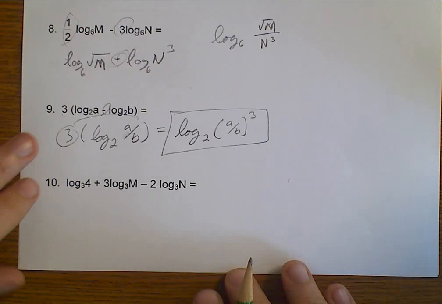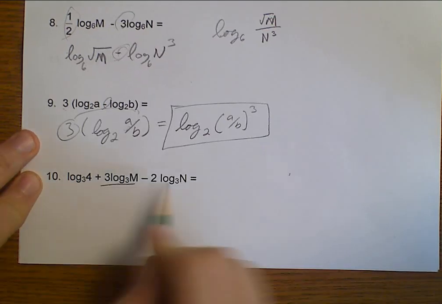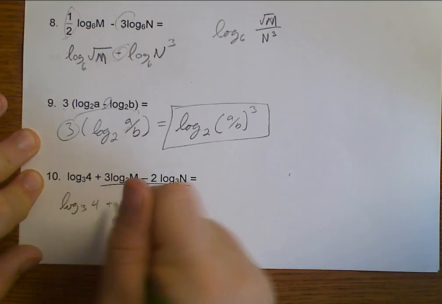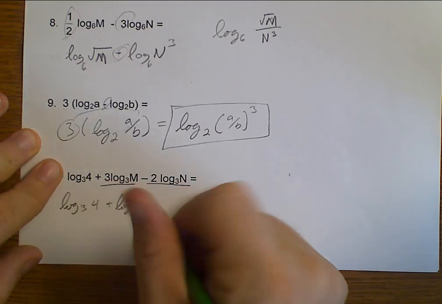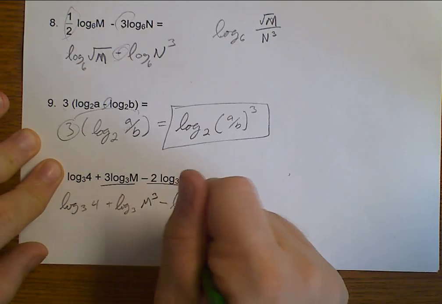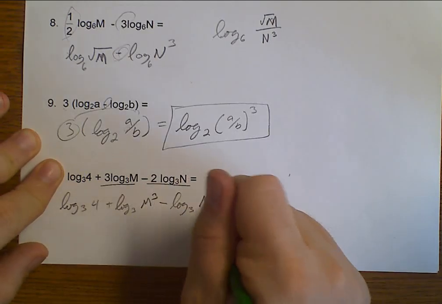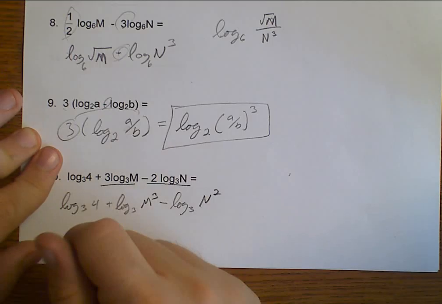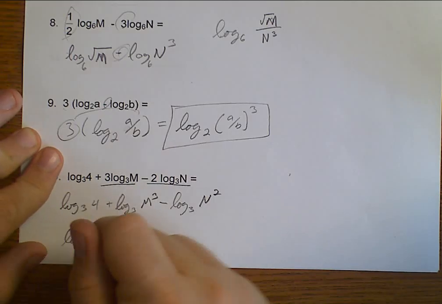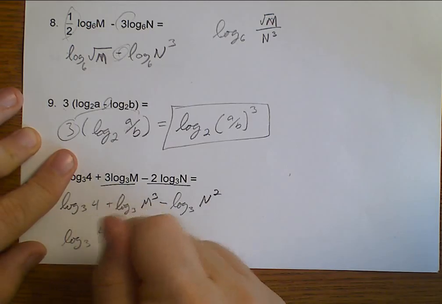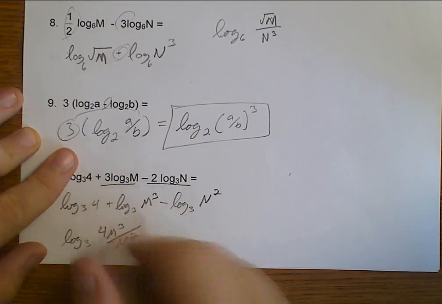And now for number 10. First, I'm going to go ahead and do my exponents. Log base 3 of 4 plus log base 3 of m cubed minus the log base 3 of n squared, which becomes log base 3 of 4m cubed divided by n squared.